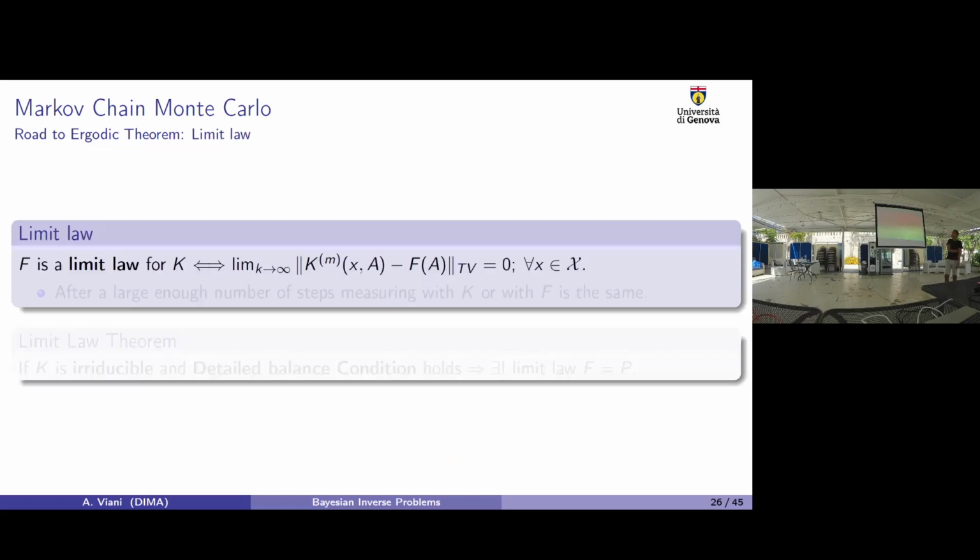So a little recap. We want to have the invariance, so if we use K, we don't change the measure. We start with P0, that sometimes is different from P. So we want to reach P using our kernel. And how can we reach it?